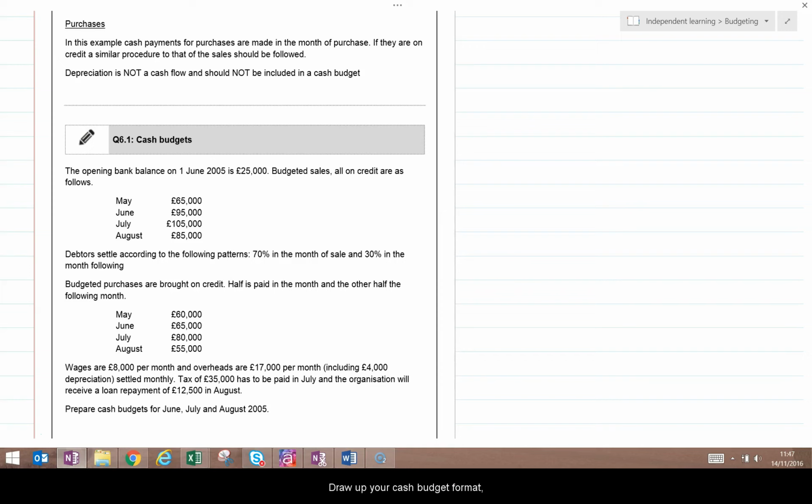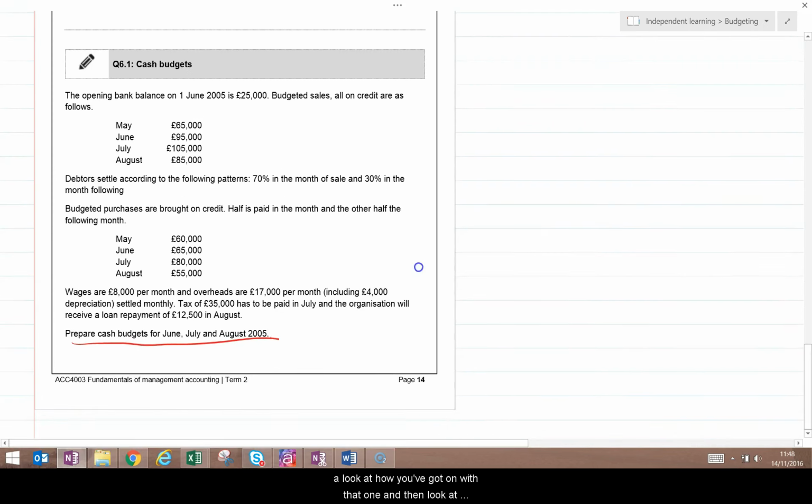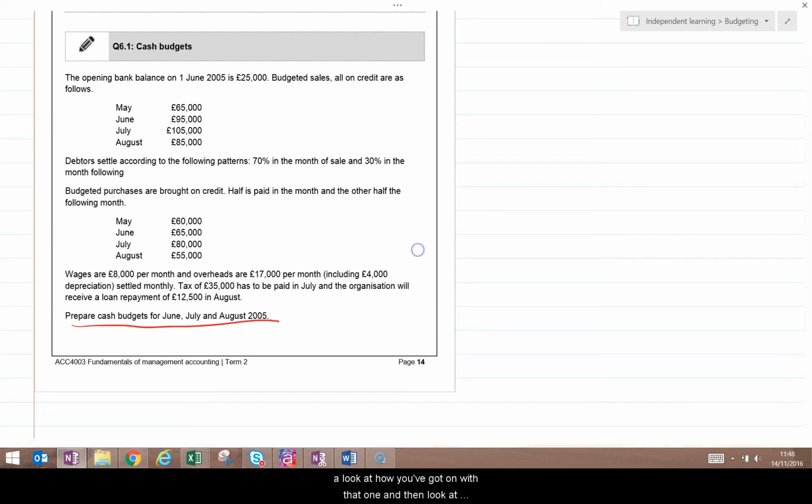Draw up your cash budget format, insert all the figures, look out for depreciation, and then get a closing balance for each month. So this particular question requires you to do the cash budget for June, July and August. So give that one a go, and then when we next meet we'll have a look at how you've got on with that one and then look at some more complicated examples.